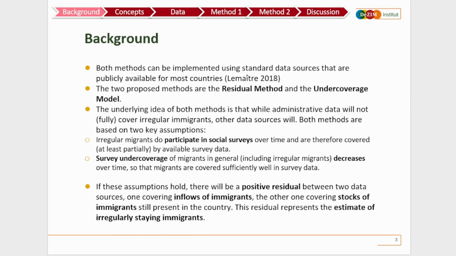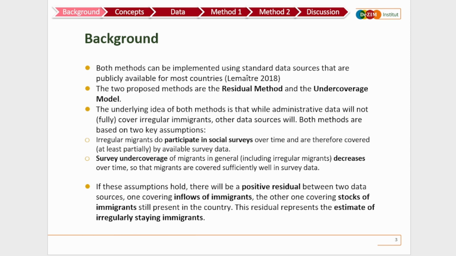If these assumptions hold and the formulas work, there should be a positive residual between two data sources. One data source covers inflows of migrants into a country, and the other covers stocks of migrants present in the country. That difference, that residual, is then the estimate of irregularly staying migrants.